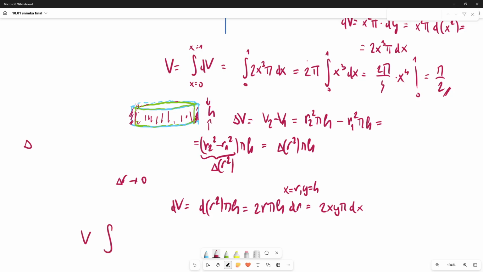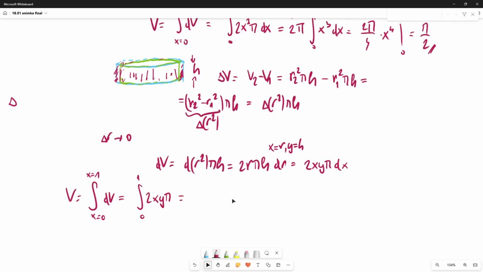Therefore, our full volume is equal to the integral of the unit volume where x once again goes from 0 to 1, and that is the integral of 2 times x times y times pi from 0 to 1. y is equal to x squared, so this is the integral of 2 pi, which we can place outside of the integral.